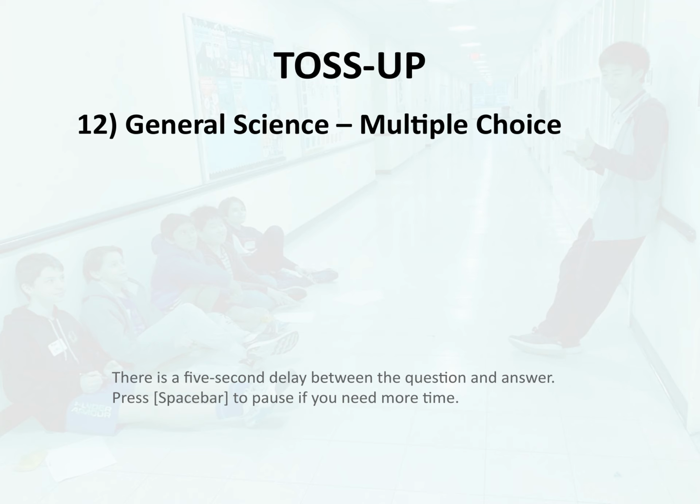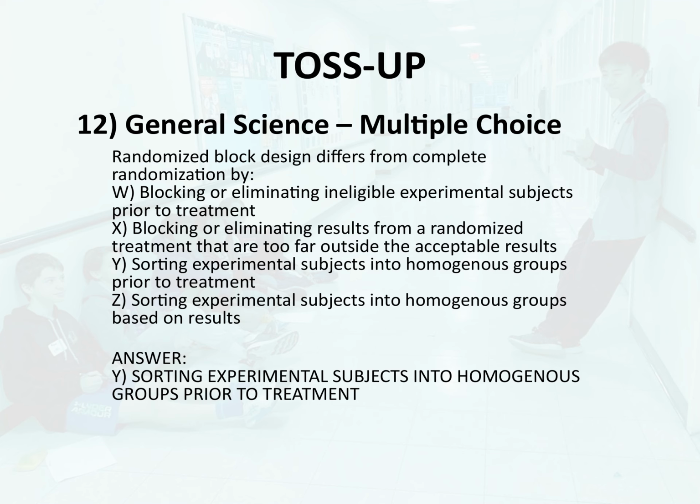Y. Sorting experimental subjects into homogeneous groups prior to treatment. Z. Sorting experimental subjects into homogeneous groups based on results. Answer. Y. Sorting experimental subjects into homogeneous groups prior to treatment.